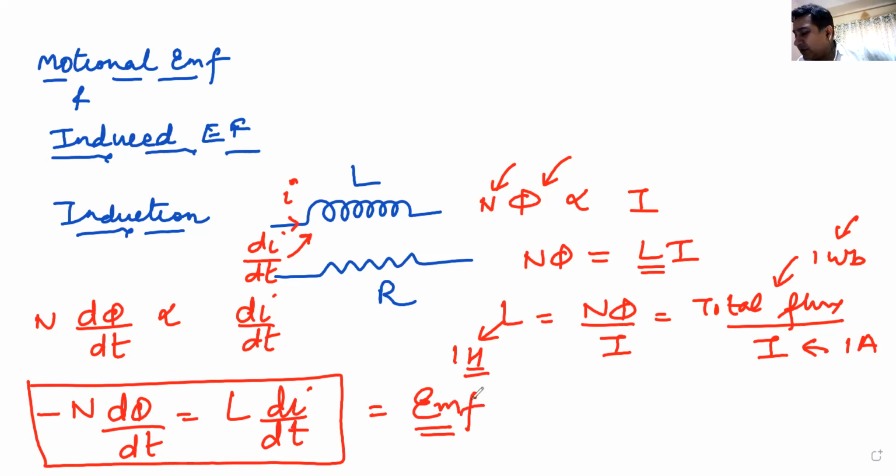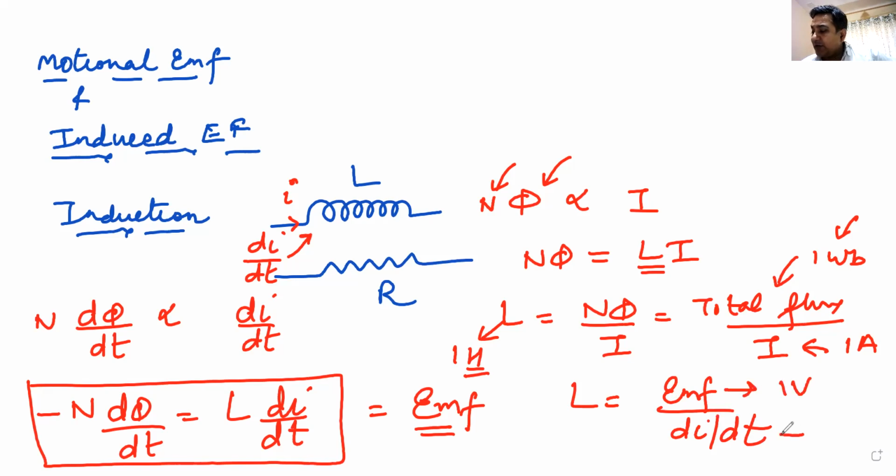This L is known as the self-inductance of the coil, and I can write this L as EMF induced divided by di by dt. If the EMF induced is 1 volt and rate of change of current is 1 ampere per second, the inductance becomes 1 Henry.